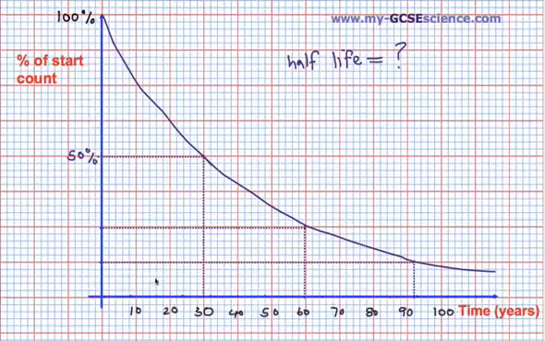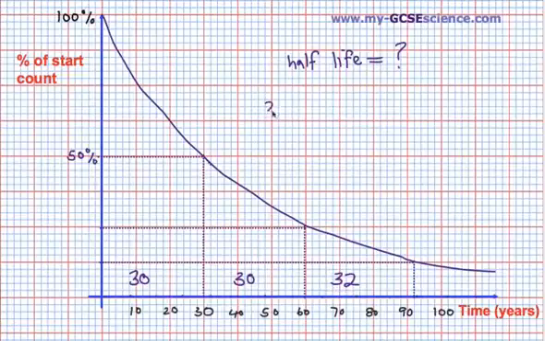So the readings I have here are 30 years, 30 years, and this is actually 32 years, and that's what actually does happen with a real half-life curve. You don't get the exact same number every time. That's why we say it's the average time to decay by half.